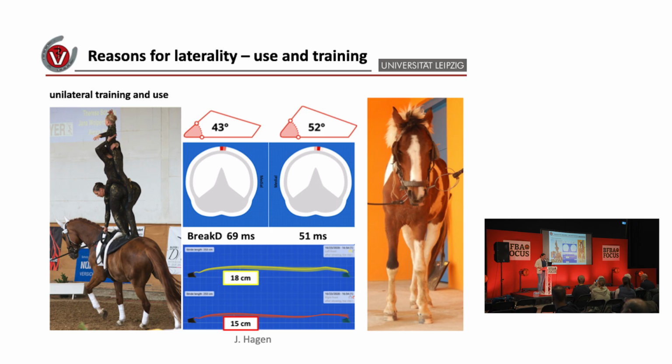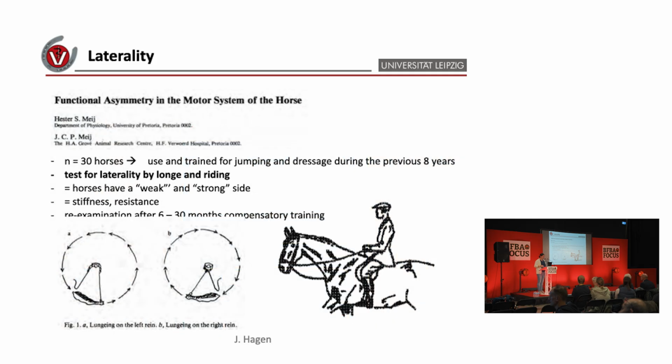The good thing is we can, if we just have a lateral patient, if we just have a handedness in our horse, there is a study, it's very old, but I think it is a quite good one, because they took sport horses, which were more or less mid-age, I would say, and where they could see they have a defined laterality in their use.